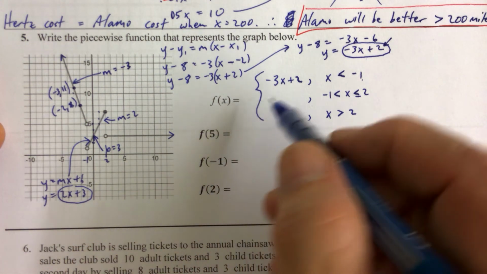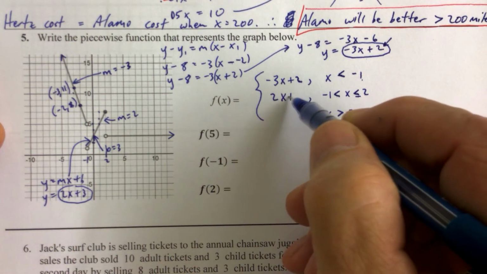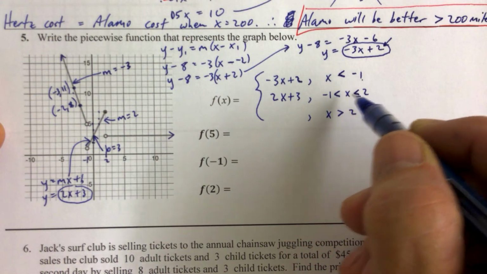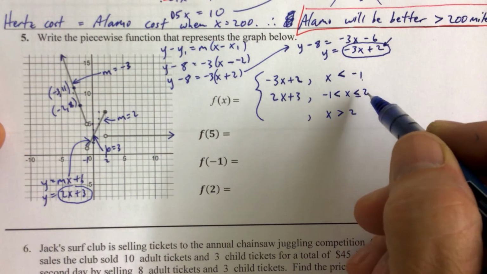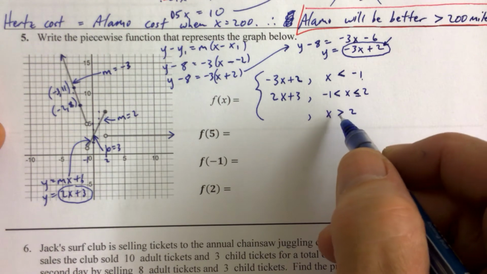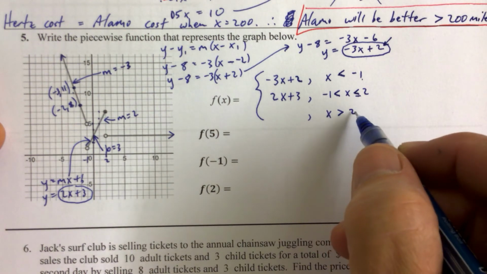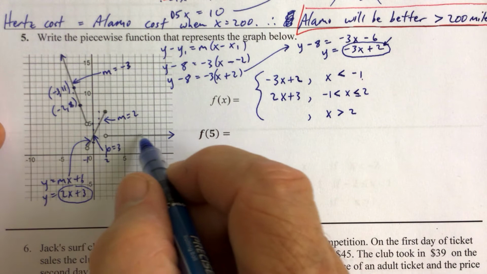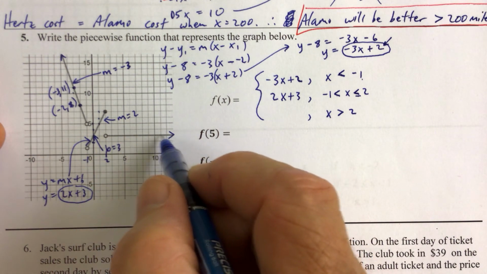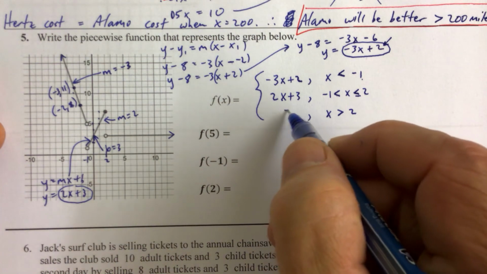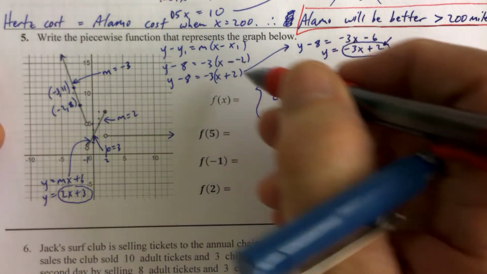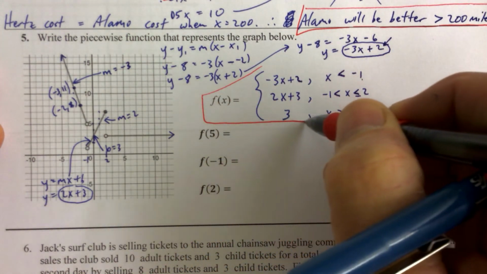So f of x equals 2x plus 3 when x is between negative 1 and 2, not including negative 1, but including 2. All right, and then finally, the third piece, we already determined that it was defined when x is greater than 2. All the y coordinates are 3, so it has a constant y value of 3, and so we would just place a 3 right there. In fact, so that is the f of x defined.